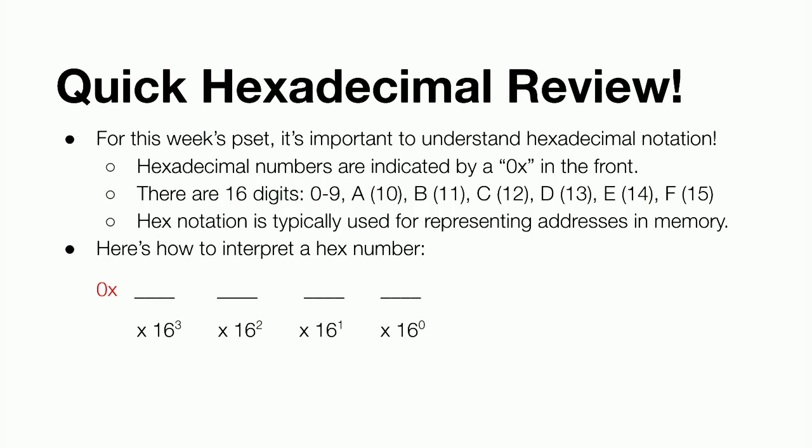So when you see 0x and some number, that is usually indicative of the fact that it's a hexadecimal number. In hexadecimal, unlike base 10 where you have only the digits 0 through 9, you also have A, B, C, D, E, and F, corresponding with 10, 11, 12, 13, 14, 15, respectively. And so hex notation is usually used for representing addresses in memory.